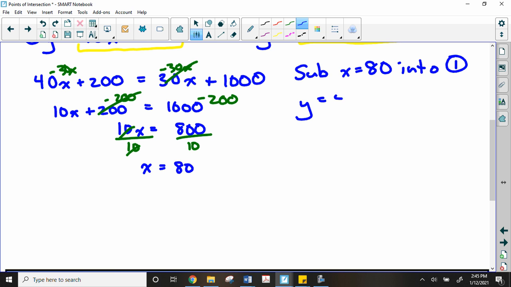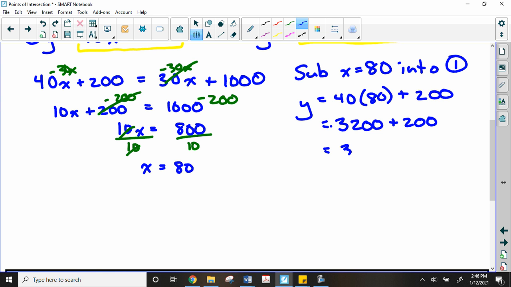Wherever there's an X, I'm going to replace it with an 80, and I'm going to put it in brackets. So then 40 times 80, I get 3,200. Double check with your calculator. 3,200 plus this 200 right there. Add those together. We get 3,400 as the total amount.